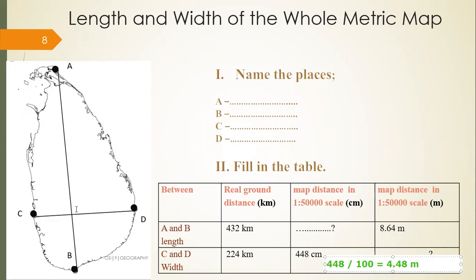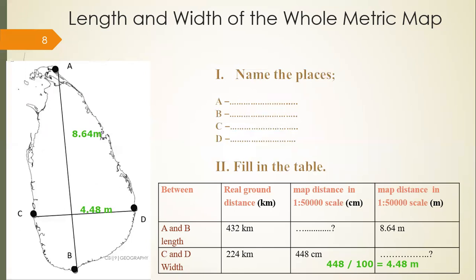So the width of the whole map is 4.48 meters. On the other hand, the width on the real ground is 224 kilometers. Then the length is 432 kilometers on the real ground. In the map, it is 8.64 meters. Just keep it in mind. According to the scale, we got it.